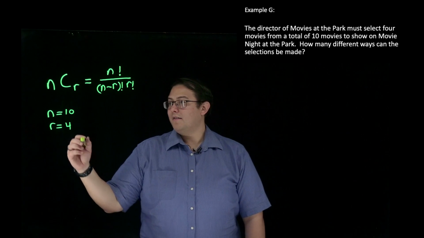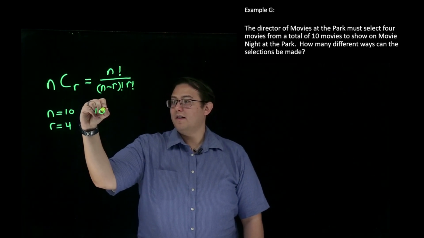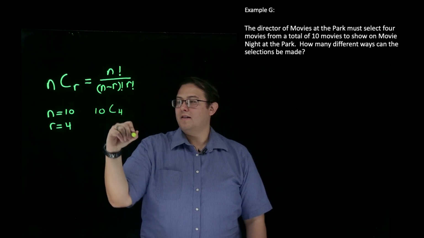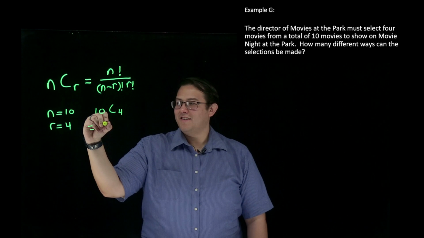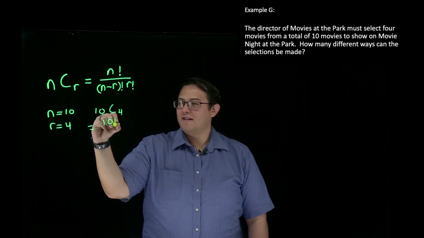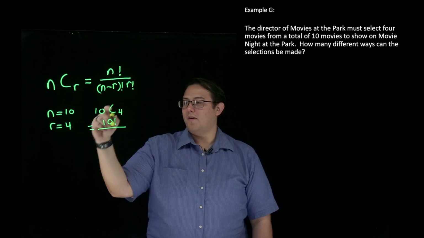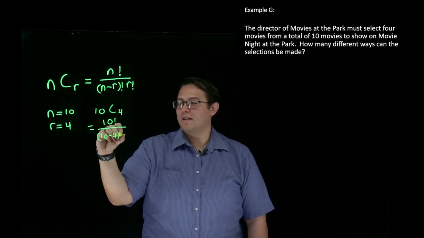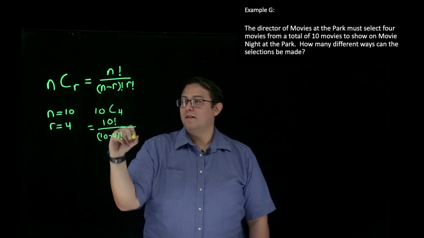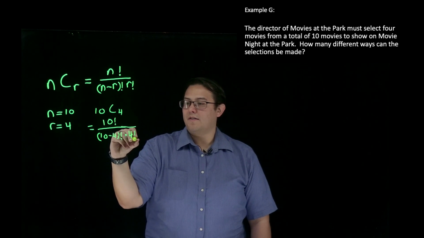So the formula becomes for us 10 C 4. So this is going to be 10 factorial all over 10 minus 4 factorial, all over r factorial, so times another 4 factorial here.